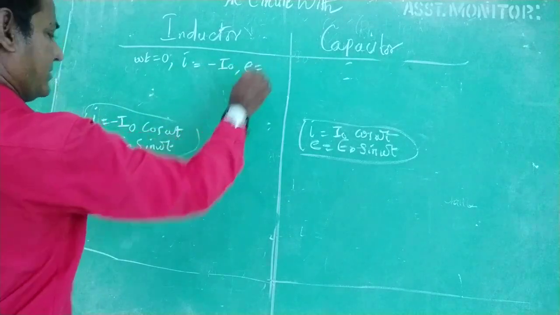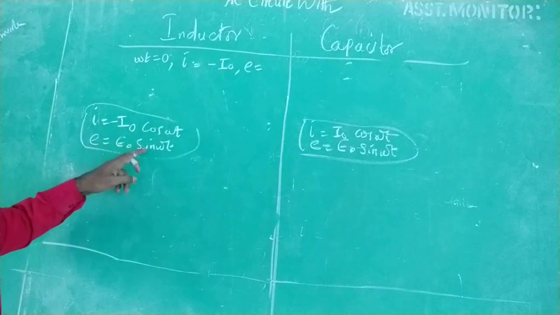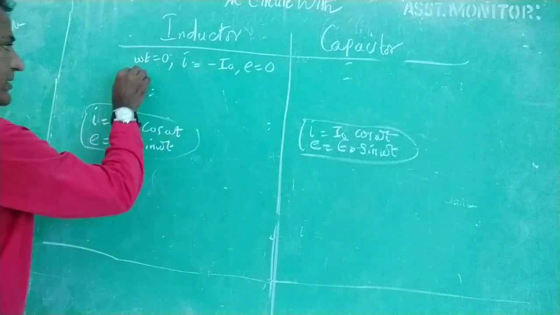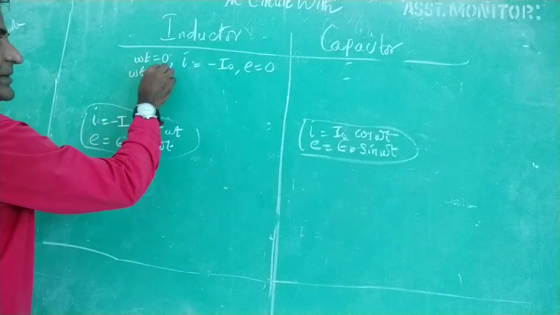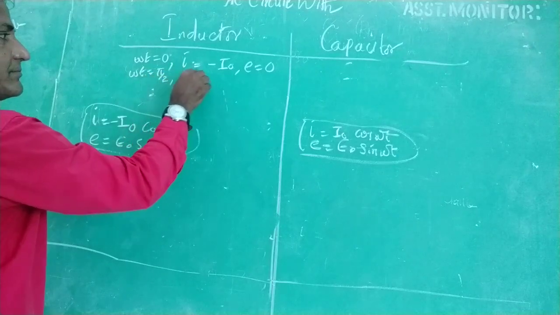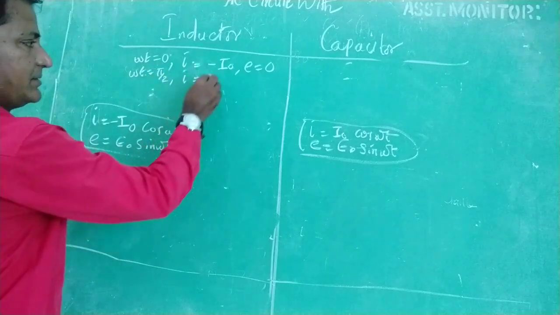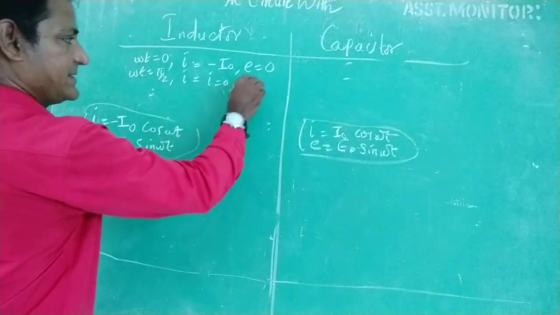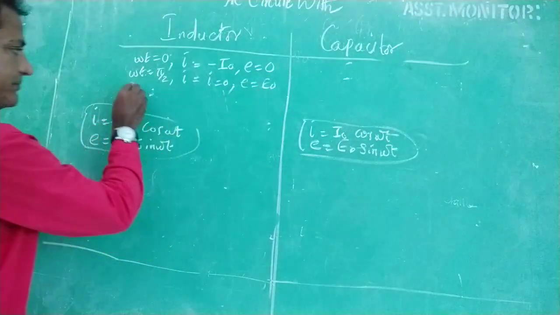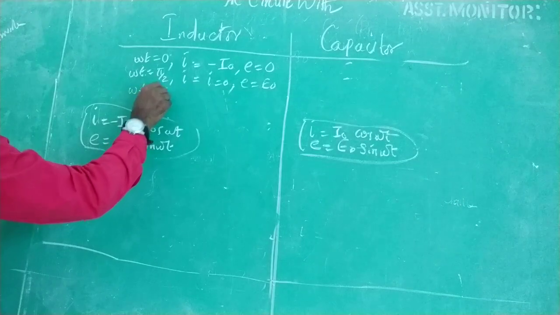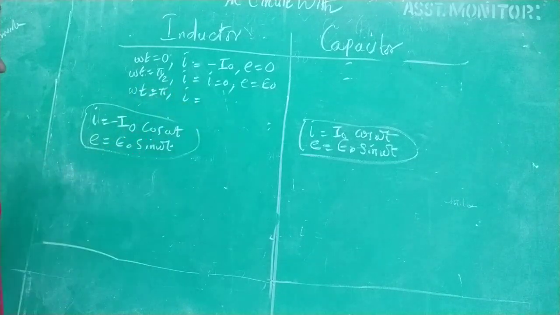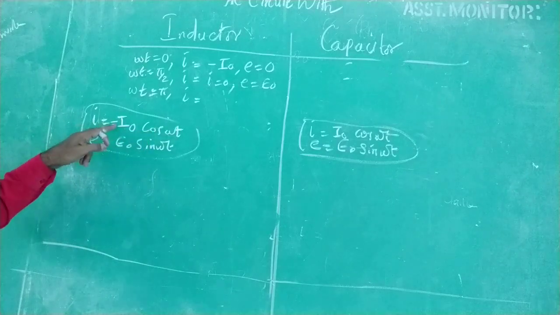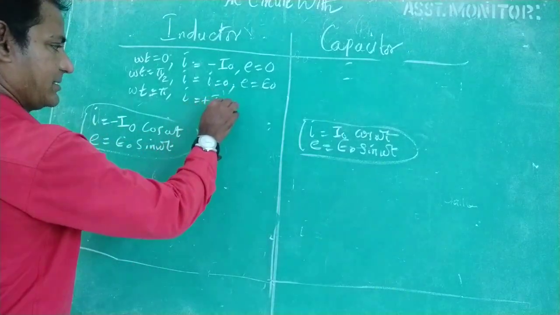And sin 0 is 0, so E is equal to 0. When omega t is equal to 90 degree, cos 90 is 0, so I equal to 0. Sin 90 is 1, so E is equal to the maximum value. When omega t is equal to 180 degree, cos 180 is minus 1, minus into minus plus, so plus I naught. E is equal to 0 because sin 180 is 0.